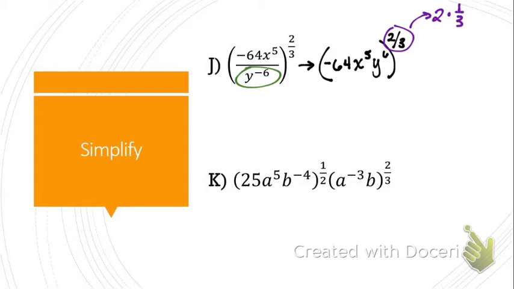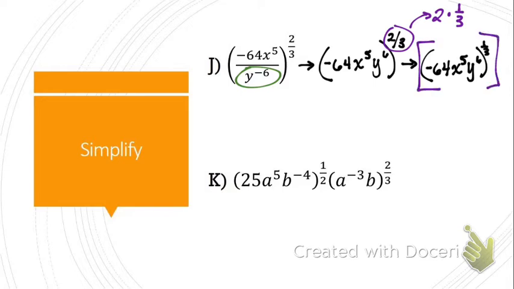All right, so I'm going to be looking at this as negative 64 x to the 5th, y to the 6th, to the 1/3, or the cubed root, and then I'll worry about that squared part. Can we do the cubed root of negative 64? Yes.